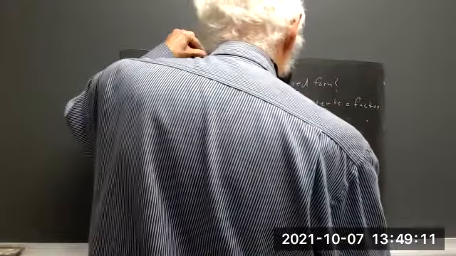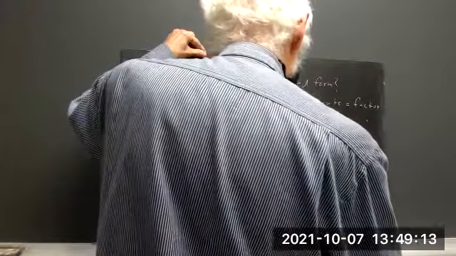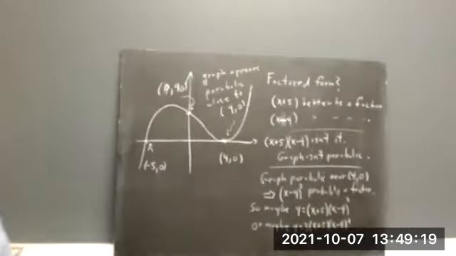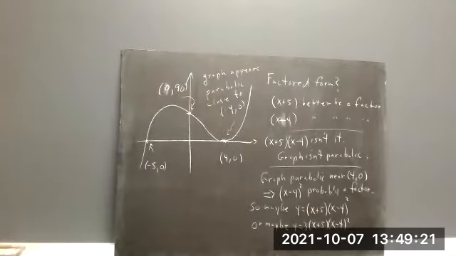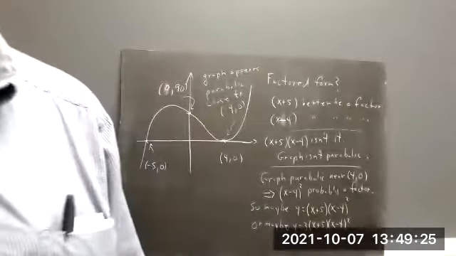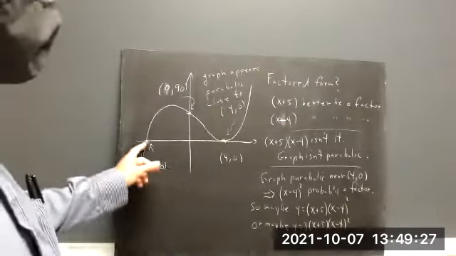Or maybe 3 times x plus 5 times x minus 4 squared. Because as long as x plus 5 and x minus 4 are factors, you're going to have zeros at these points.